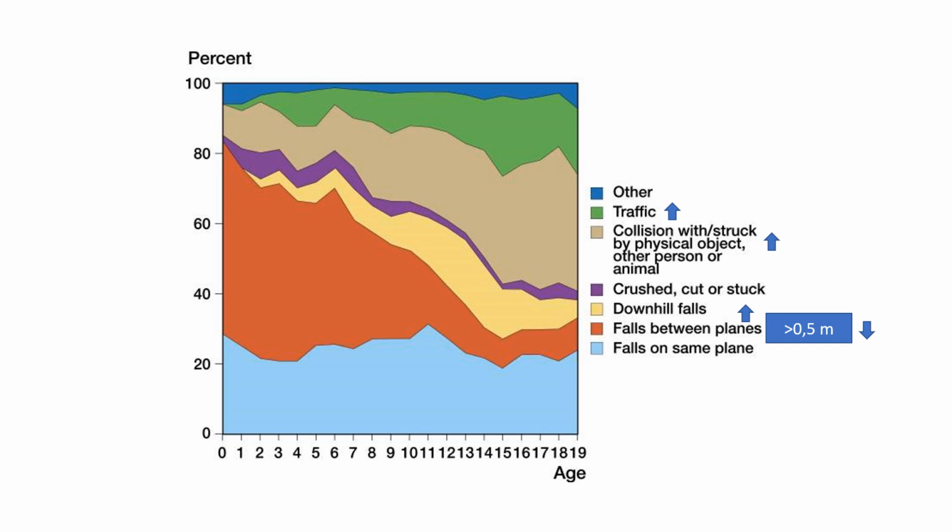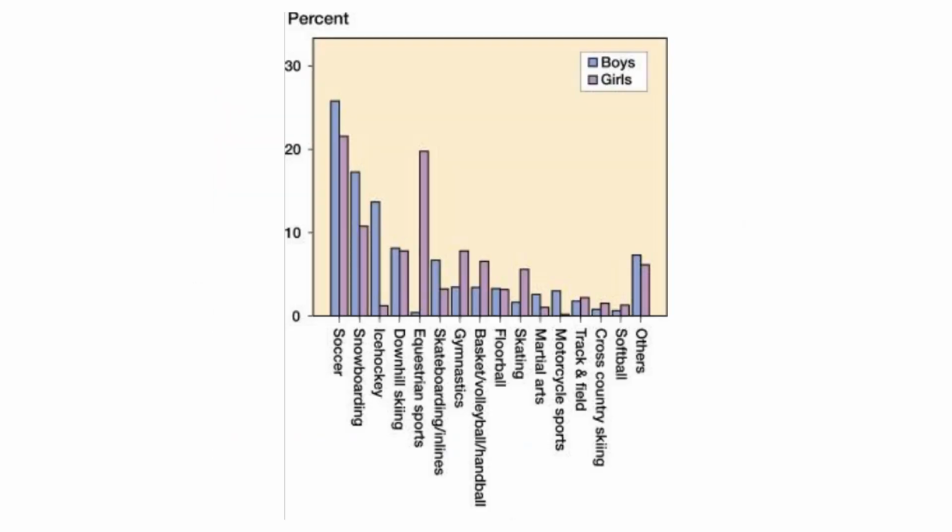Downhill falls, like for skiing or sledding, increase with age. This was just one study. Again, a study in another region might be different, but I'm trying to give you a bit of cherry-picked literature on this.